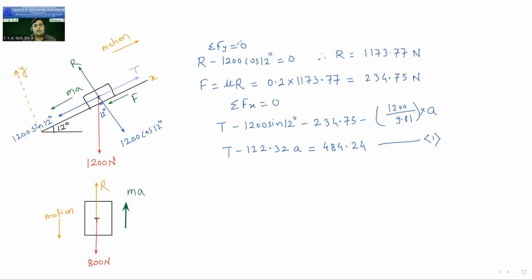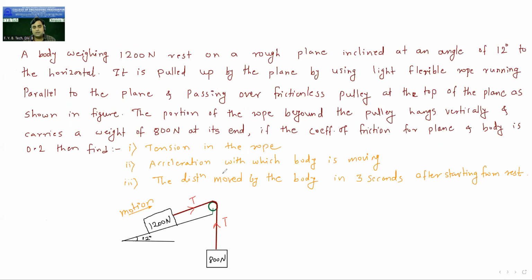The correct tension, correct. Here it is tension. Because it is connected by a single string, whatever tension is there here, the same tension will be developed throughout the string here also. So it is attached by tension. So here it must be tension.